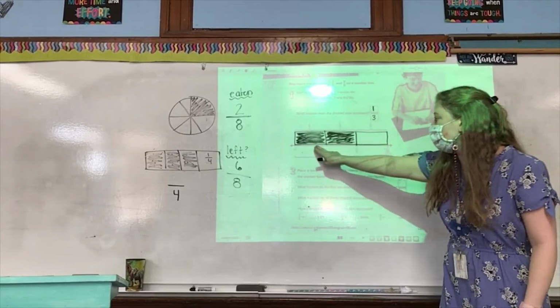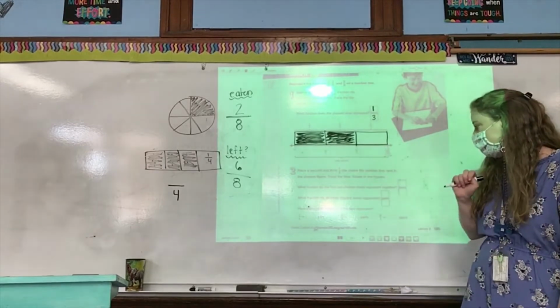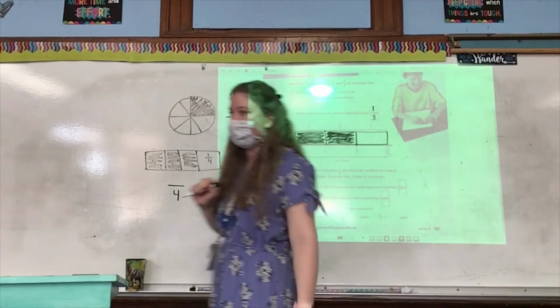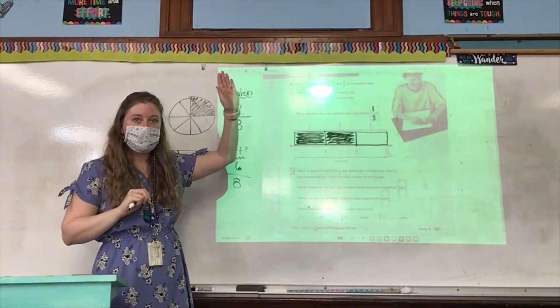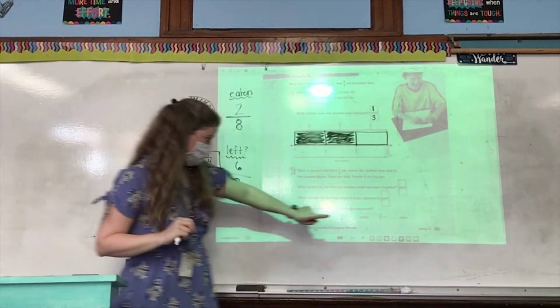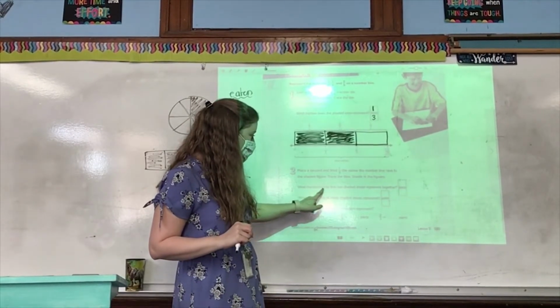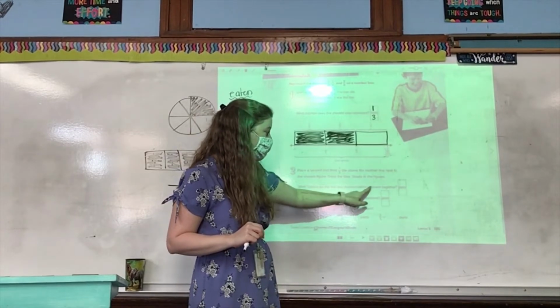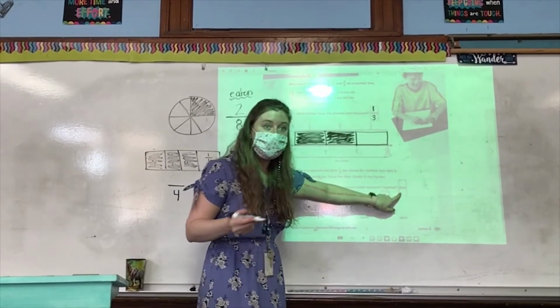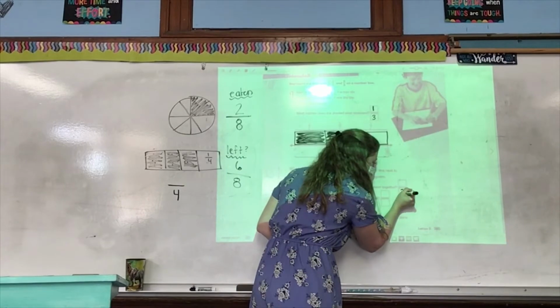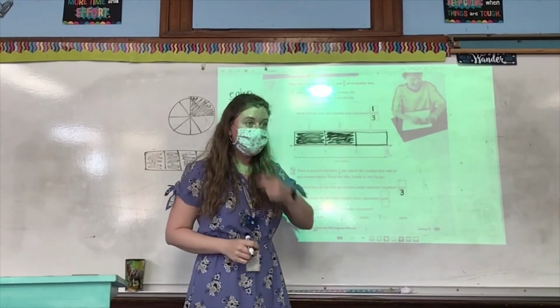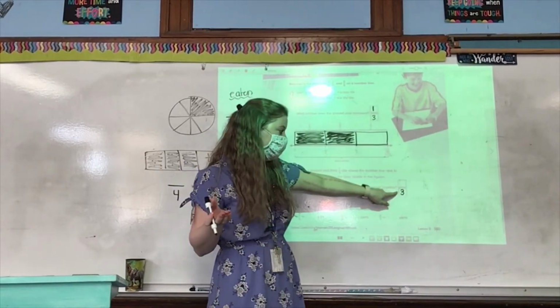So now I have shaded 2 of my tiles. How many tiles did I start with? Lena? 3. It says, what fraction do the first 2 shaded areas represent together? Well, I know I started with 3, so my denominator, the pieces of the whole, is 3.